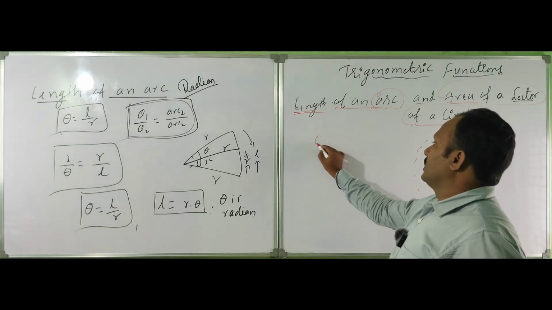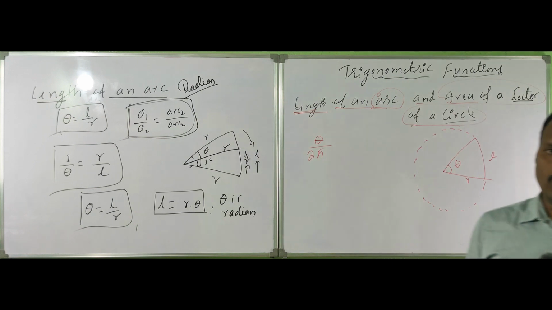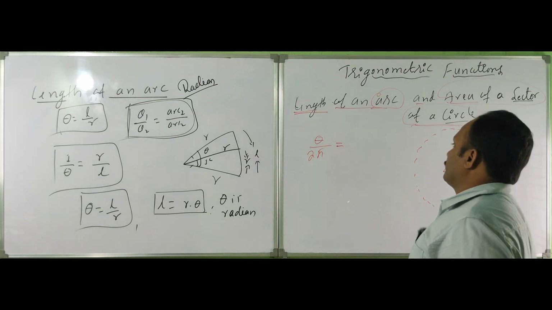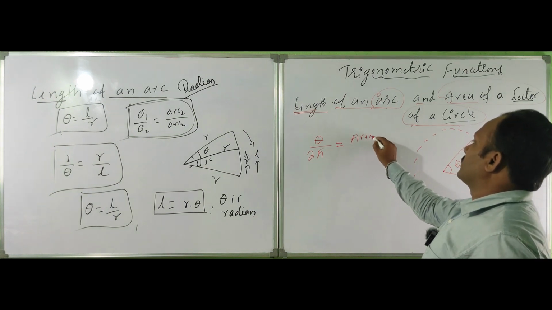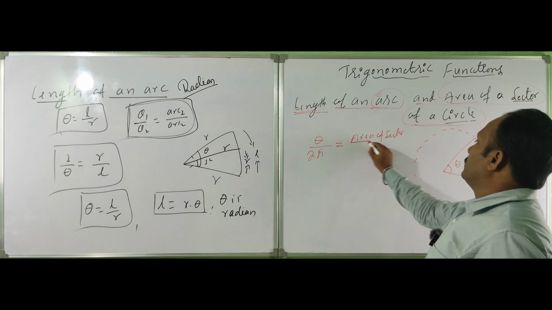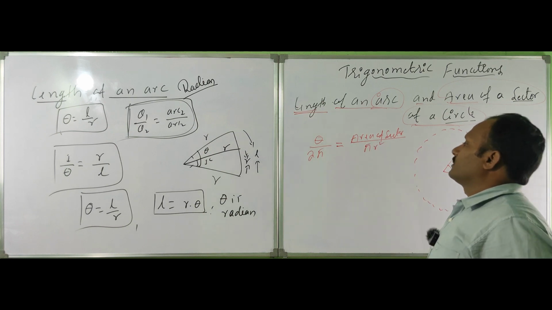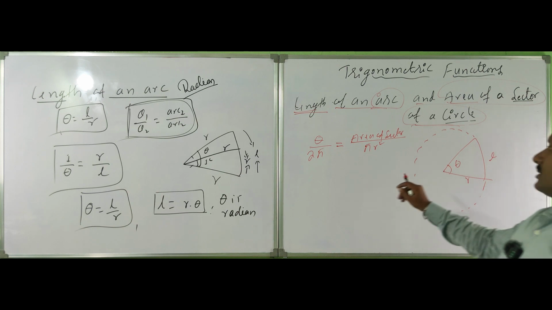This is theta by 2 pi, the whole angle of the circle. What we want is the area of the sector divided by the area of the circle, which is pi r square. You are deriving the relation, the formula. So area of the sector divided by pi r square.